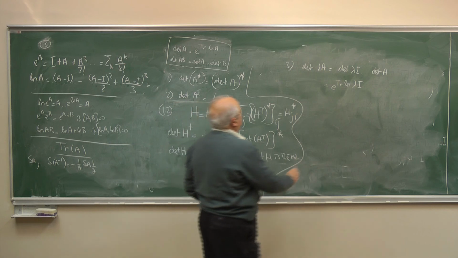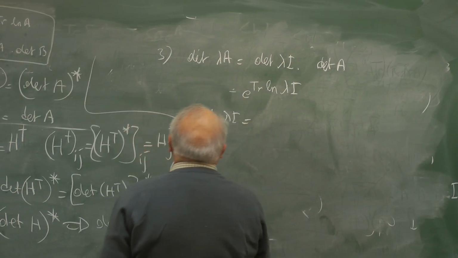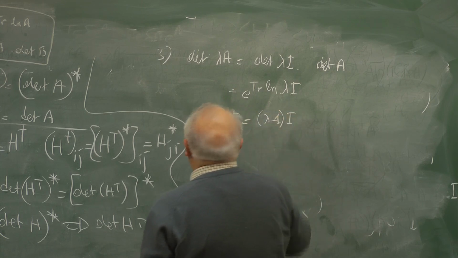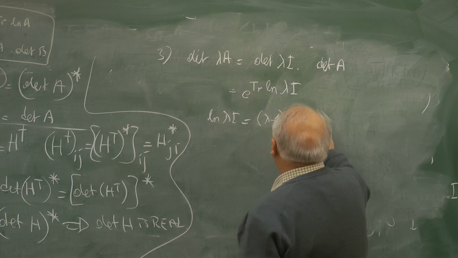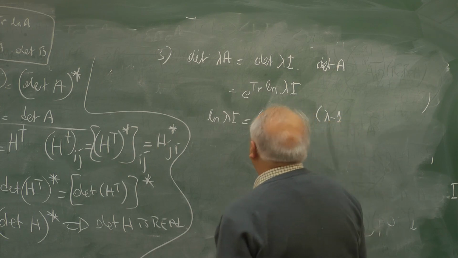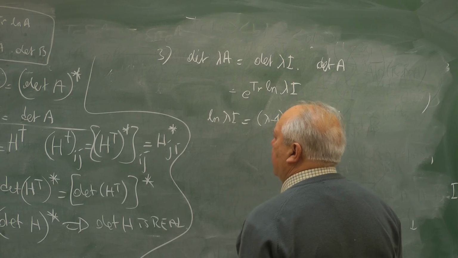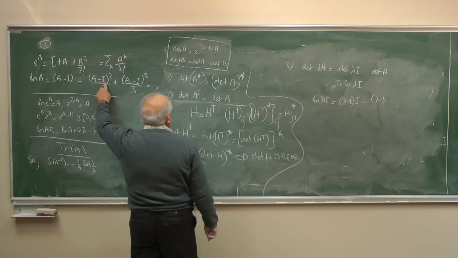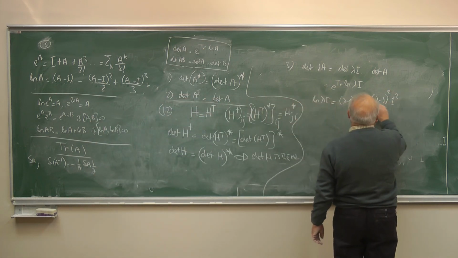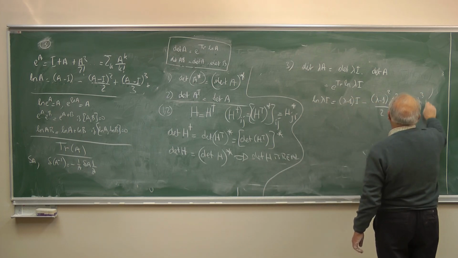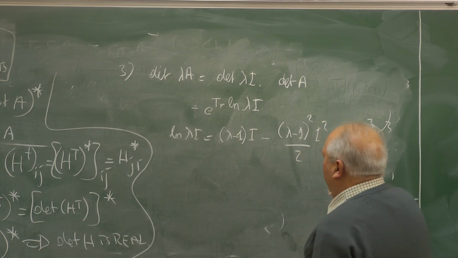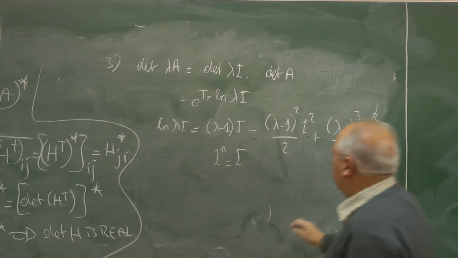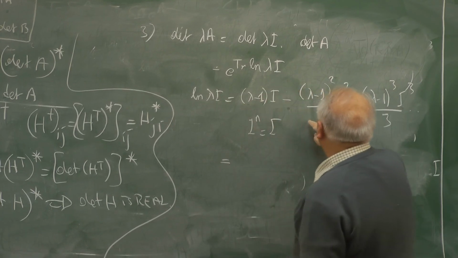Instead of A, I put lambda I. So log lambda I is equal to lambda minus 1 I, minus lambda minus 1 squared, I squared over 2, then lambda minus 1 cubed, I cubed over 3, etc. But I is a special matrix, namely I to the power n is I. So all these matrices are simply I. So we can collect this, lambda minus 1 minus lambda minus 1 squared over 2.